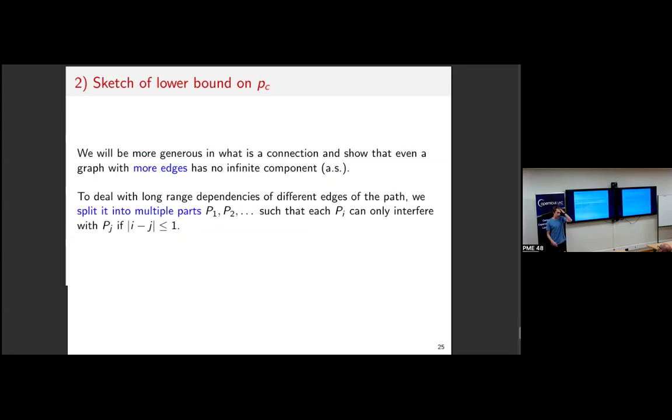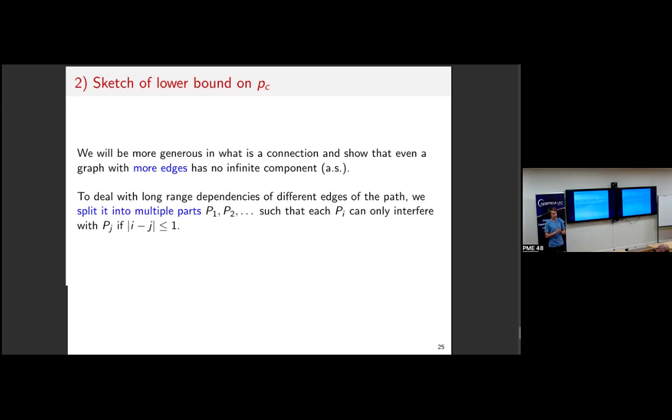And then if you have this path, you can define the last point until which you interfere with what was explored previously, because maybe it comes back many times, but you can show that this will only occur a finite number of times. Then you basically restart at the last point where you interfered with the area that you have explored before. You split this path into multiple parts, such that those parts can only interfere with parts that are next to them, and not over very long ranges.